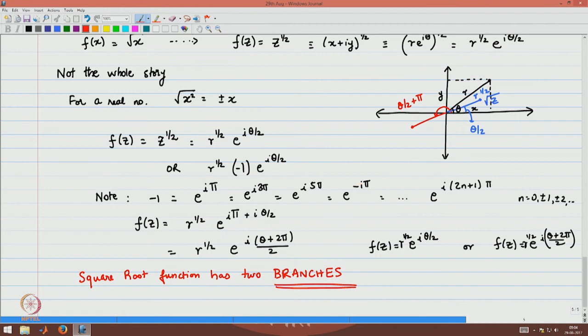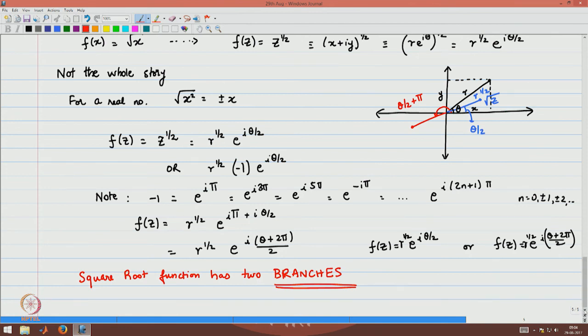Similarly, e to the 0 is the same as e to the 2 pi i, 4 pi i, 6 pi i and so on. When you take the square root, suddenly the two values become different. If you have 2 pi i, then the square root will give you a positive square root. If you have (2n plus 1) pi i, then you will get a negative square root.